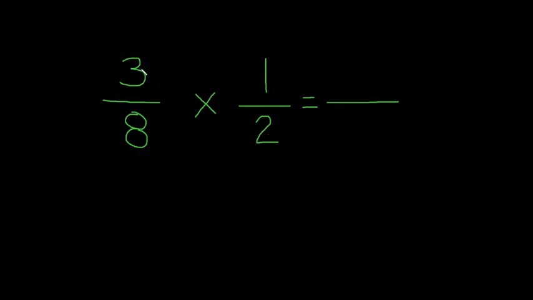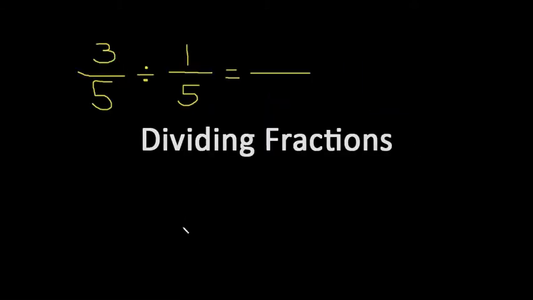I can't do anything with these, and I cannot do anything with these. 1 goes into 1 once, 1 goes into 8, so that doesn't change. 2 and 3, I can't do anything with, so I'm just going to multiply straight across, and I know my answer will already be simplified. 3 times 1 is 3. 2 times 8, 16. 3/16. That is my answer.